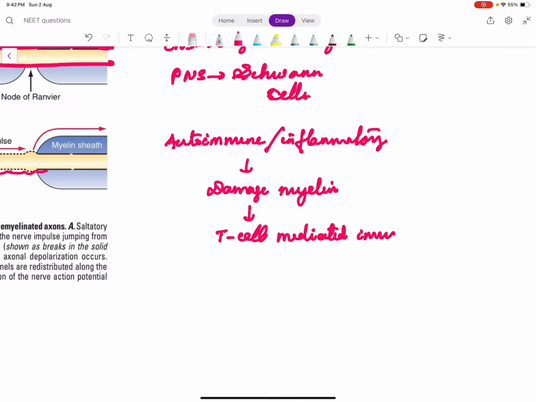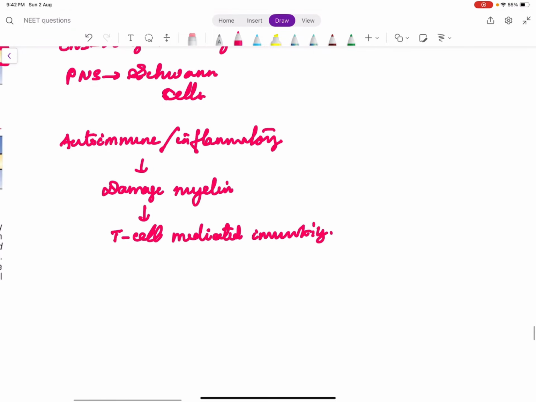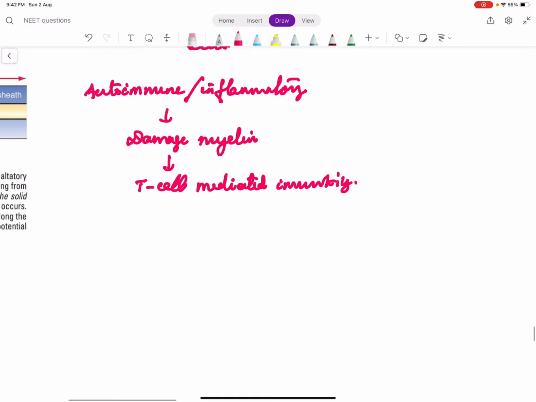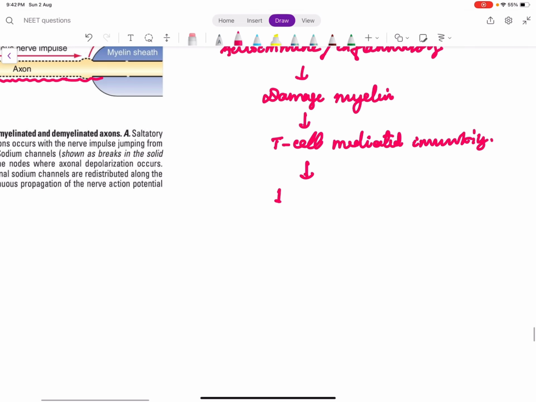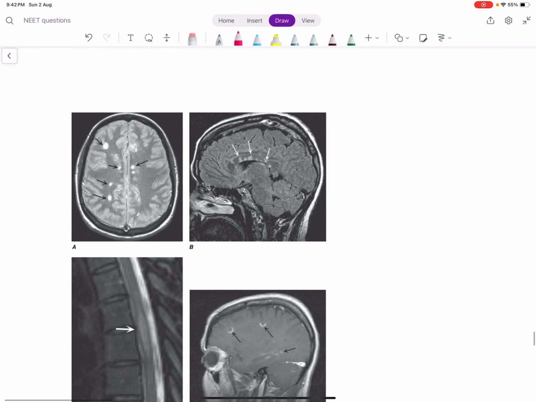So cell mediated immunity, in response to some stimulus, will damage the myelin and cause loss of this myelin sheath. So when there is demyelination, there will be reduced conduction and it will cause some changes. So that is the basis of demyelination disease.